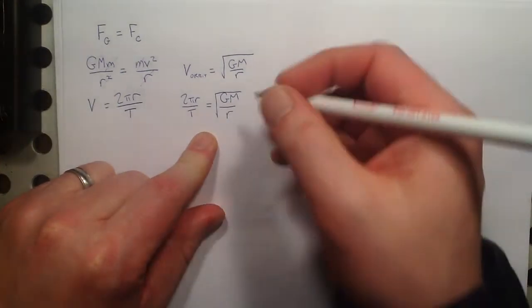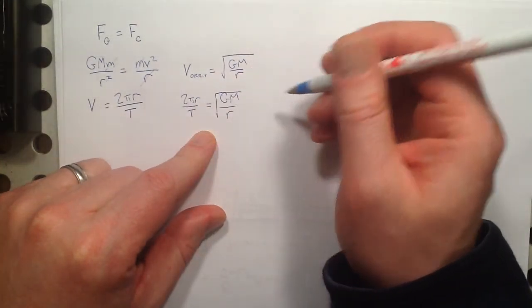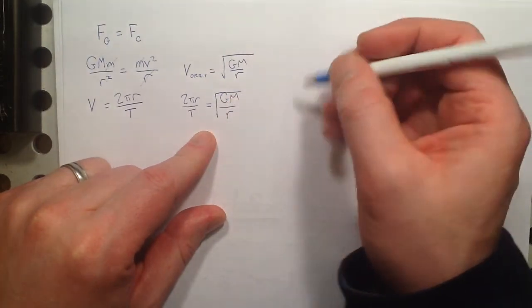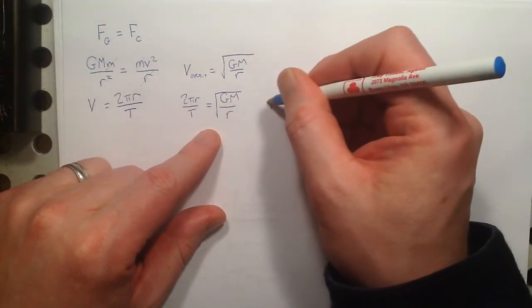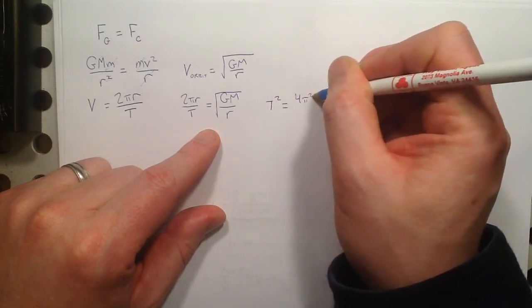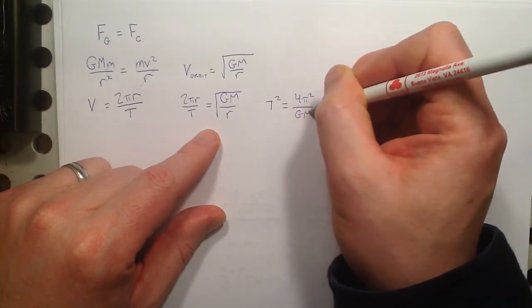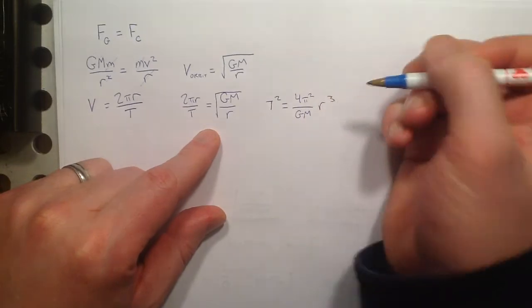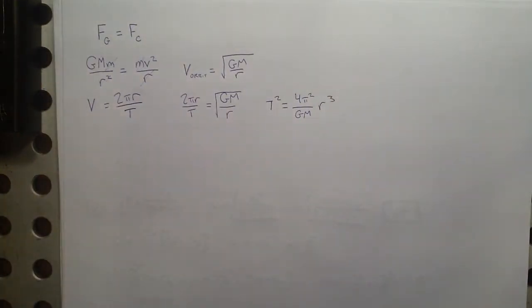And this is the equation. When I square both sides and move things around, I'll skip the little bit of algebra there. That's Kepler's third law.